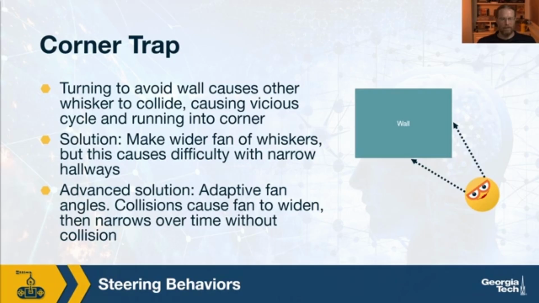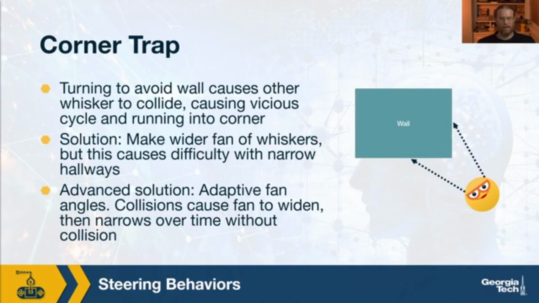One approach is to make a wider fan of the whiskers. Basically, if you make the angle between the two whiskers wide enough, then the agent can safely turn without getting caught in this trap. But then the whiskers can end up so wide that the agent has trouble walking down hallways or fitting in narrow corridors.